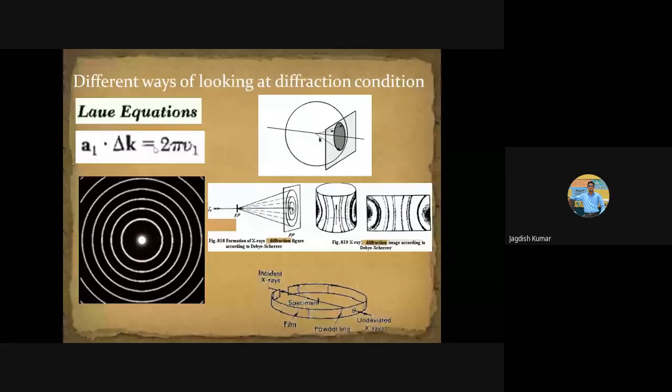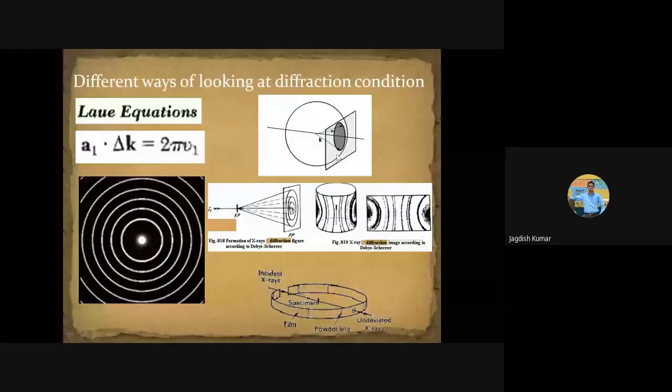Now let us come to this figure. Here you can try to imagine this line representing a vector, and these arrows representing, say, the delta K vector. Then what you can see is that as long as the delta K vector lies on any one of the points on this circle, the angle between A vector and delta K vector is the same, isn't it?